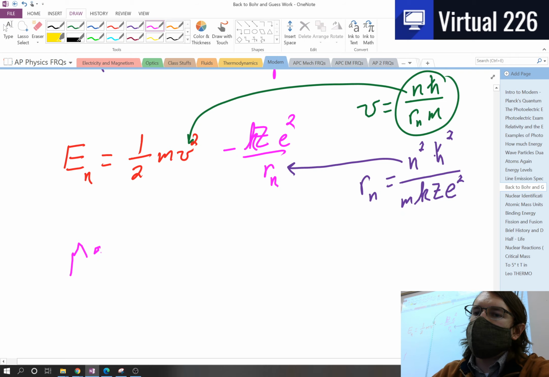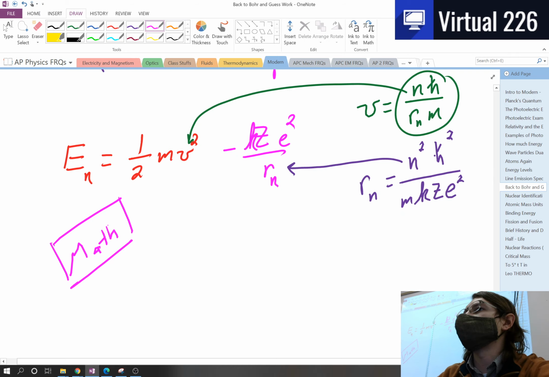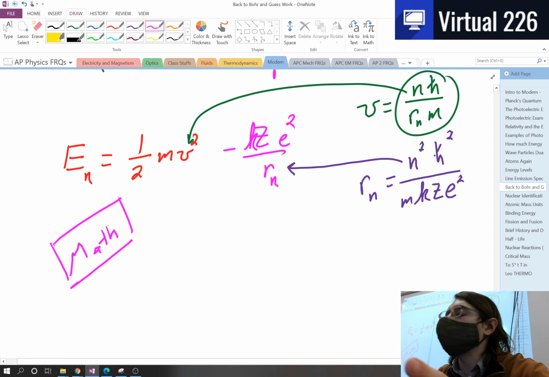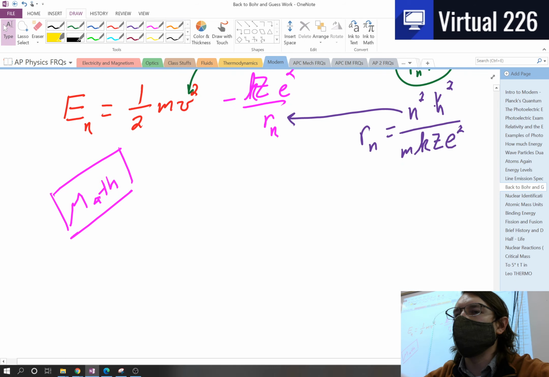There is math that is done right here, some algebra steps. We combine terms, and we make our denominators nice so we can subtract it all together.